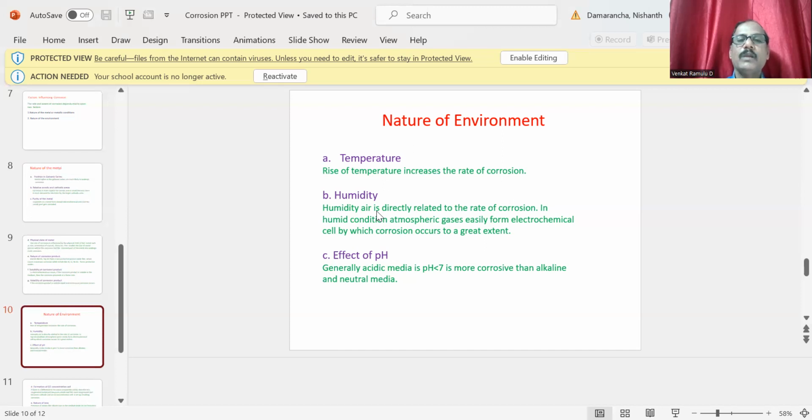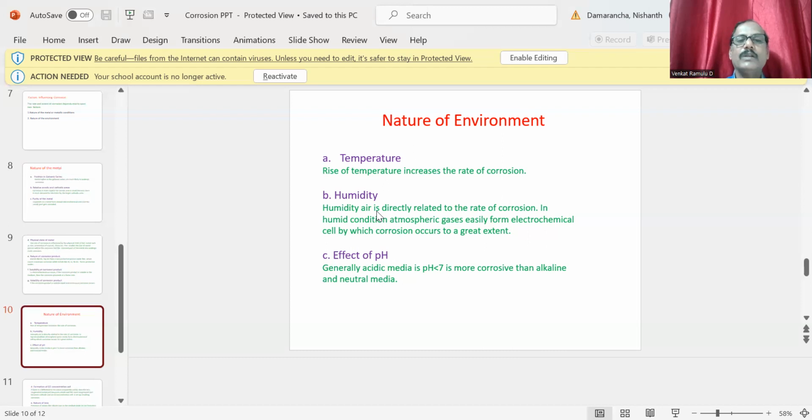Humidity captures atmospheric gases like O2 and H2S. Because of that, electrochemical cells form on the surface of the metal. So the corrosion possibility is very high in the presence of humidity. Humid condition always favors more corrosion.